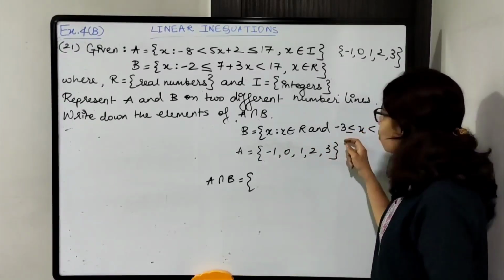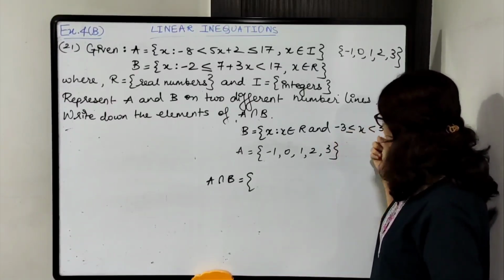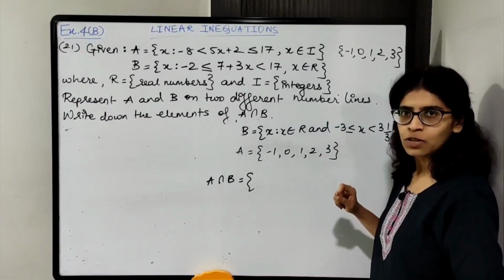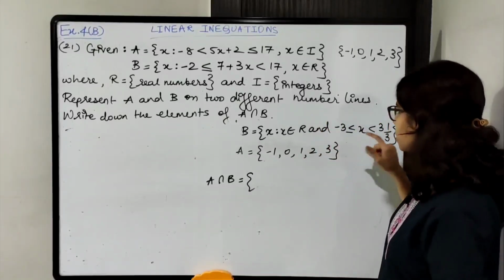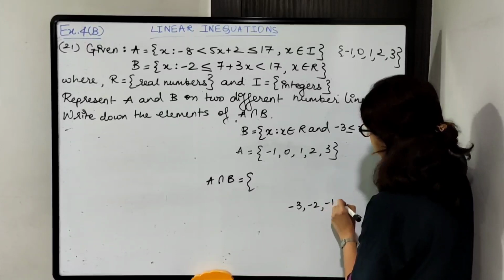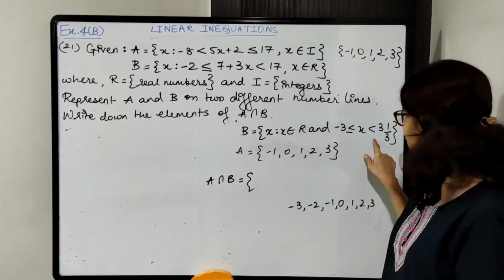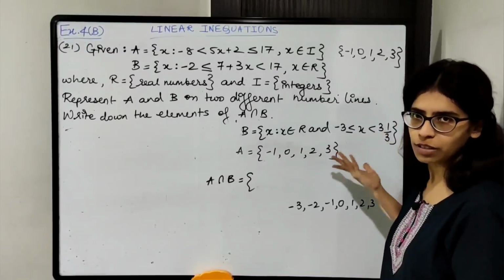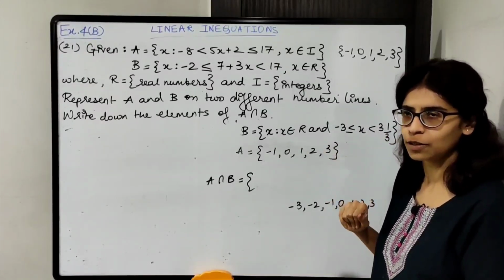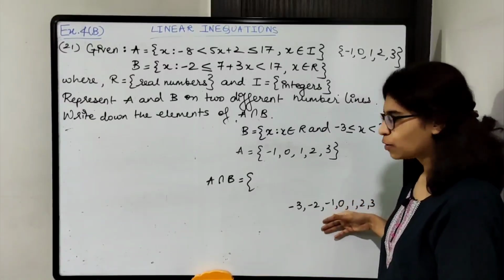So over here there are integers also included from -3 to 3 1 by 3, है ना? So which integer values are possible? -3, -2, -1, 0, 1, 2, 3. 3 maximum है. Okay, then 3 1 by 3 आता है. So 3 1 by 3 is not an integer value. Then comes 4. So these are the possible integer values for B.